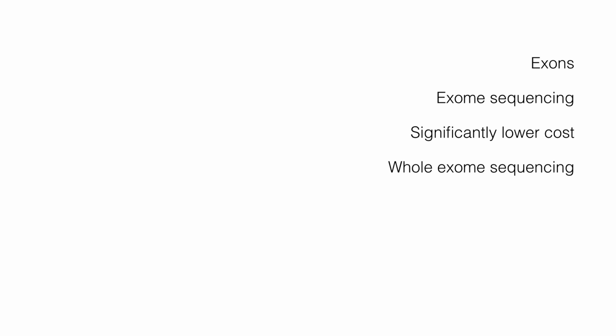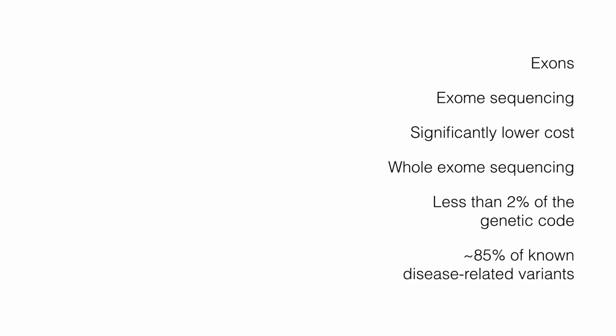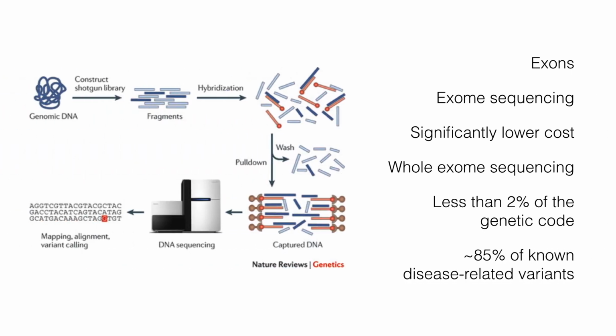The exome represents less than 2% of the genetic code, but it contains 85% of all known disease-related variants. Exome sequencing can efficiently identify coding variants across a wide range of applications, including population genetics, genetic disease, and cancer studies.